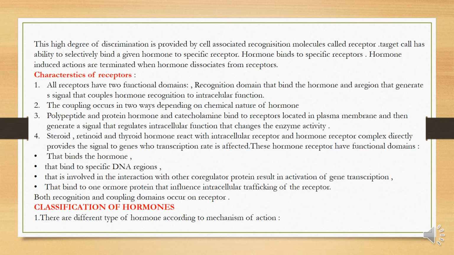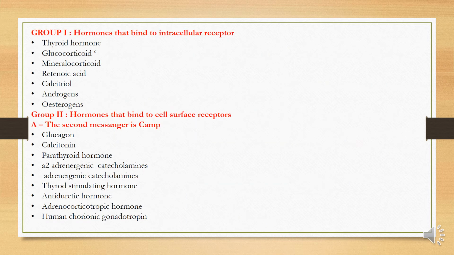Classification of hormones. There are different types of hormones according to the mechanism of action. Group 1 hormones bind to intracellular receptors: thyroid hormone, glucocorticoid, mineralocorticoid, retinoic acid, calcitriol, androgens, estrogens.